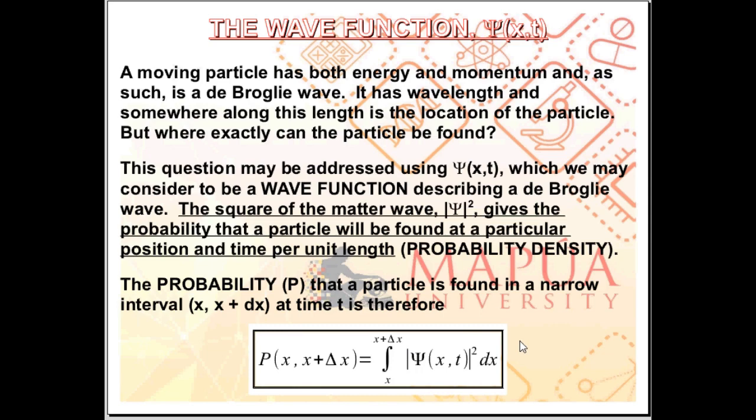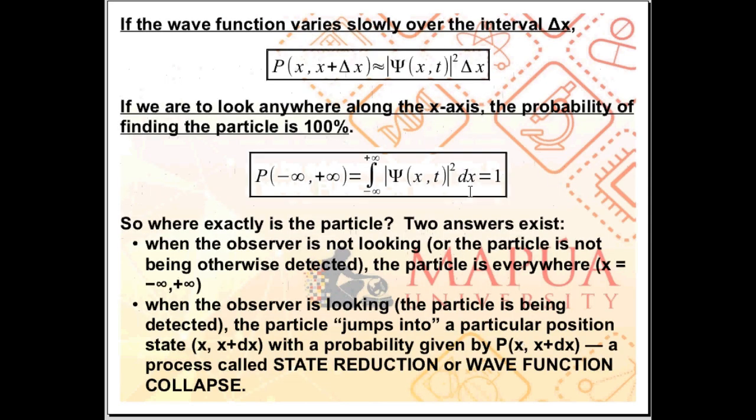This equation reduces to the square of the absolute value of psi, or the probability density, times delta x, if the wave function psi slowly varies over the interval delta x. So if there's not much change in the wave function on the interval delta x, it's as if psi is constant.